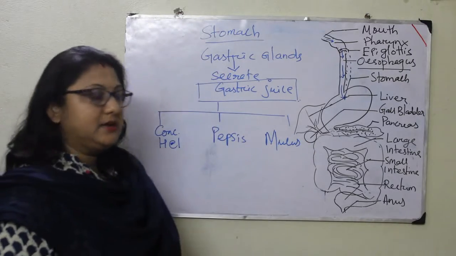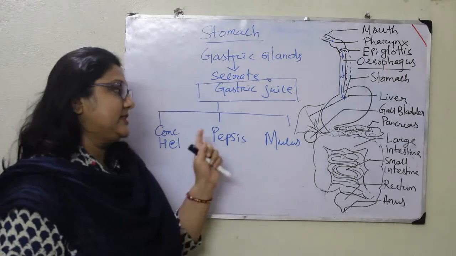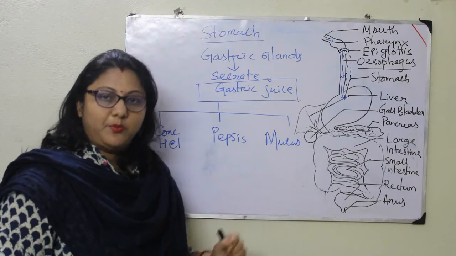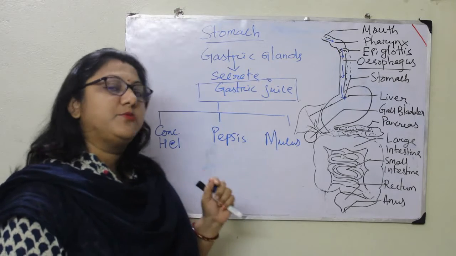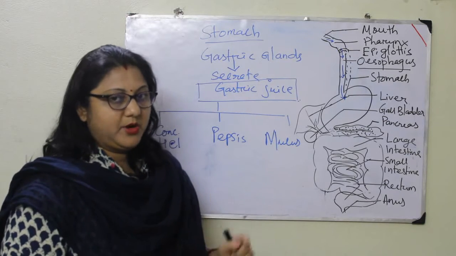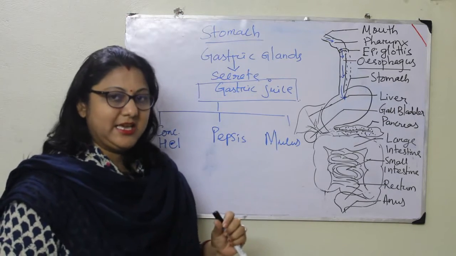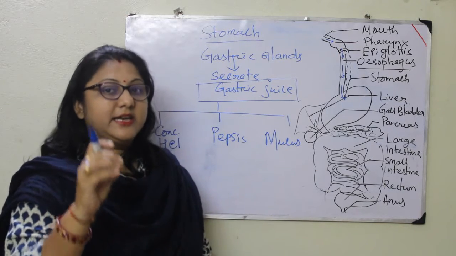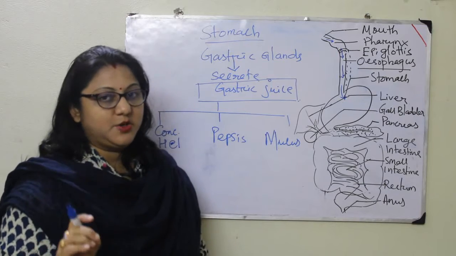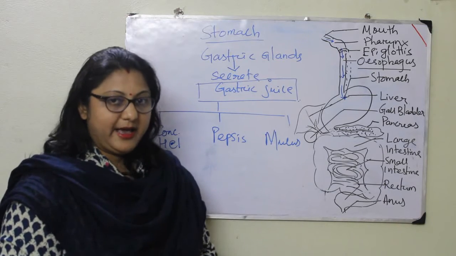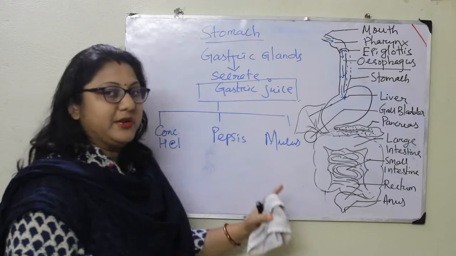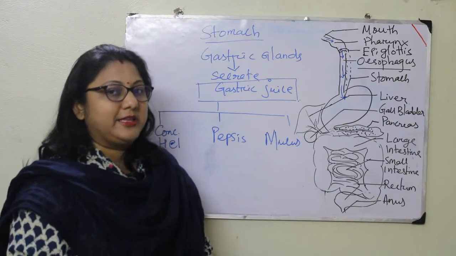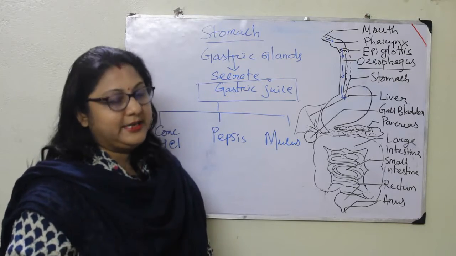Okay, so these are the three things which are present in the gastric juice, and definitely the gastric juice components must be having some role in the digestion process. Now one by one, let us see what role these particular substances play in the digestion inside the stomach.